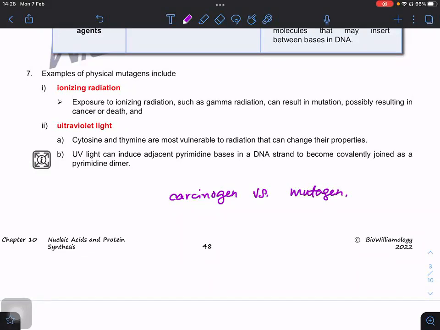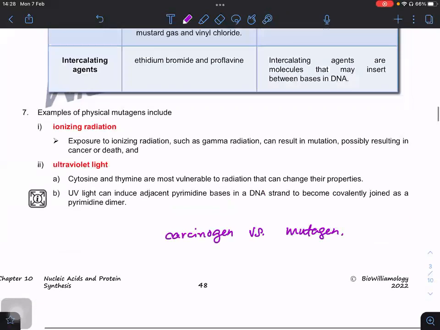So basically from 1 become 2, 2 become 4, it multiplies so fast. Yes, it may be. Okay, for example, ethidium bromide that we're going to learn about. Ethidium bromide belongs to both classes. It can be a mutagen because it already mutates the DNA. It can cause cancer as well. So that's why it is also classified as a carcinogen.